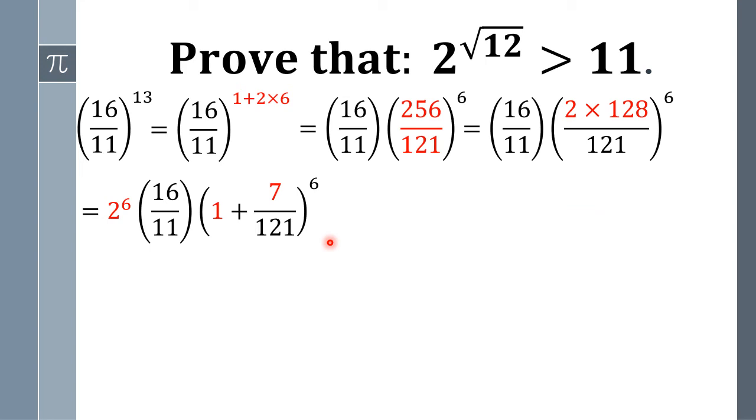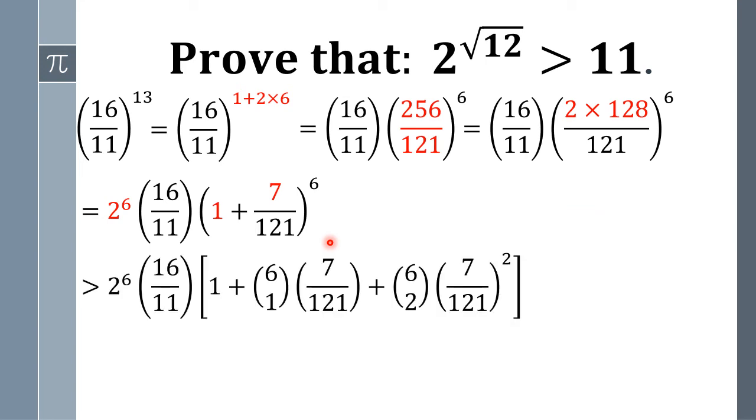It might not be needed, but to be safe, let's do so. So its first 3 terms is 1 plus 6 choose 1 times 7 over 121 plus 6 choose 2 times 7 over 121 squared. And of course, there is a larger than symbol here.